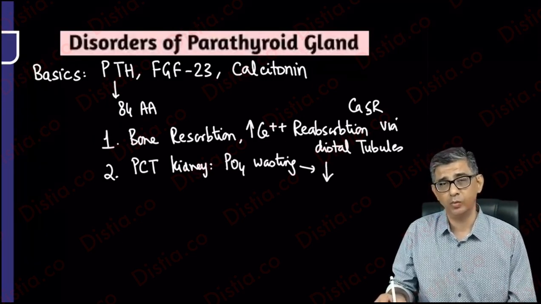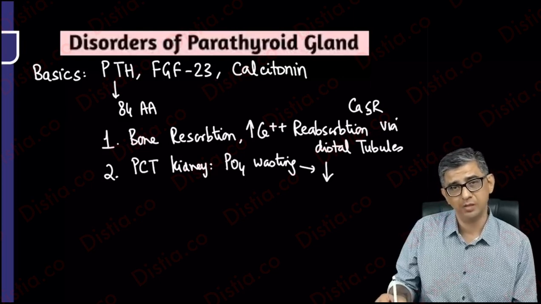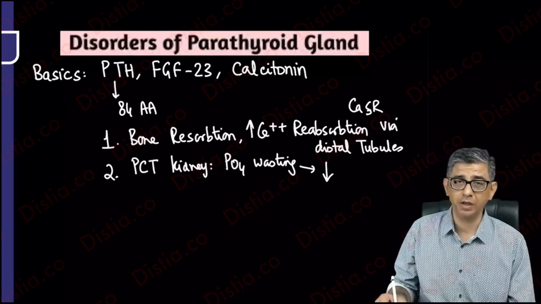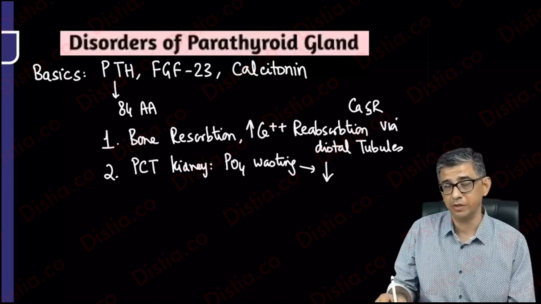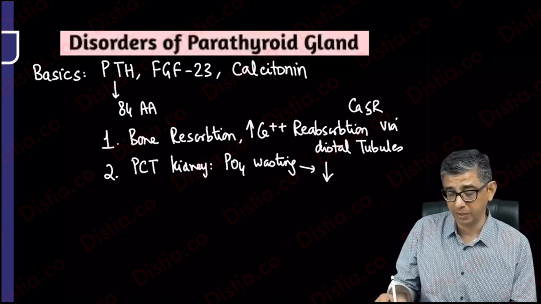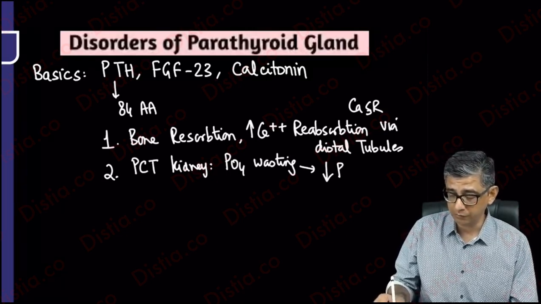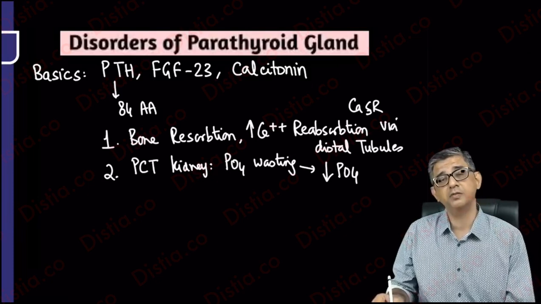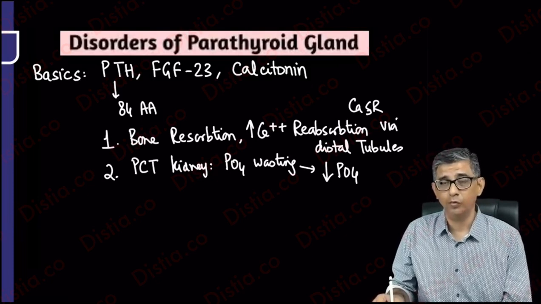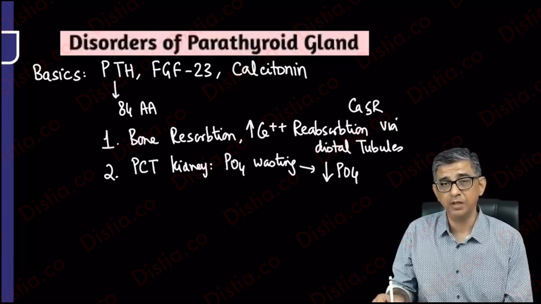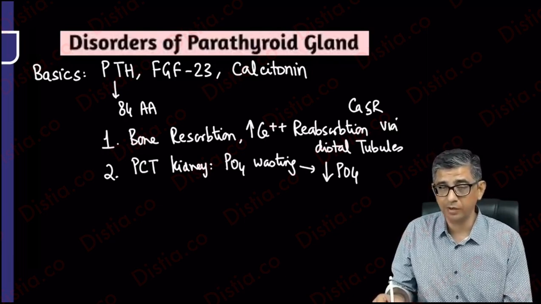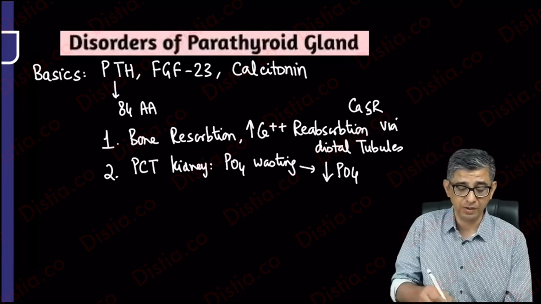It will obviously cause enhanced bone resorption, which will increase serum calcium. It will also increase reabsorption by the distal tubule. The values of calcium will spike once again. But once it acts on the proximal tubule, it will also cause a phosphaturia, and therefore phosphate values will reduce. I want you to remember that PTH always causes calcium and phosphate values to have an inverse relation.